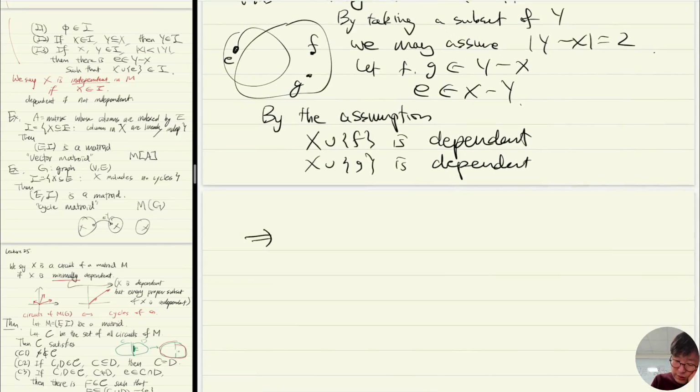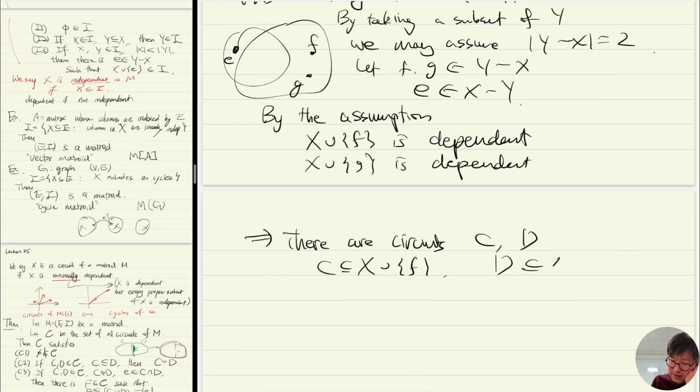So there are circuits C and D such that C is a subset of X union F, and D is a subset of X union G.